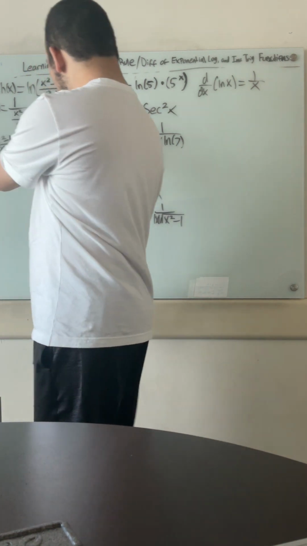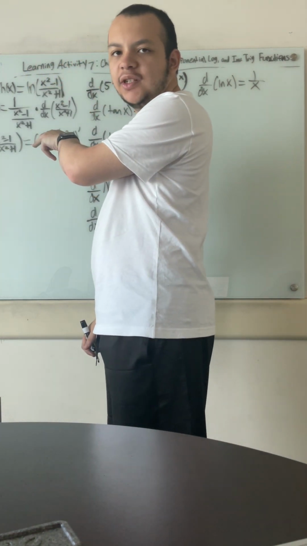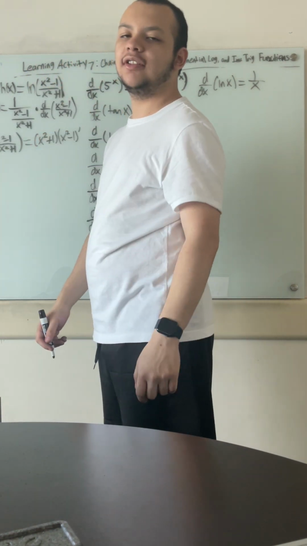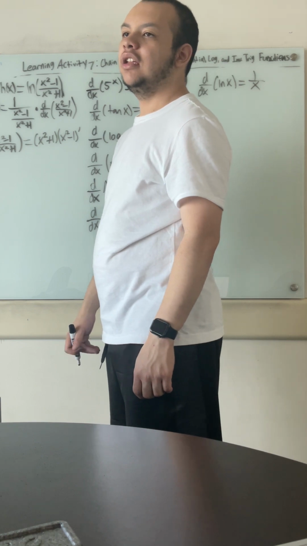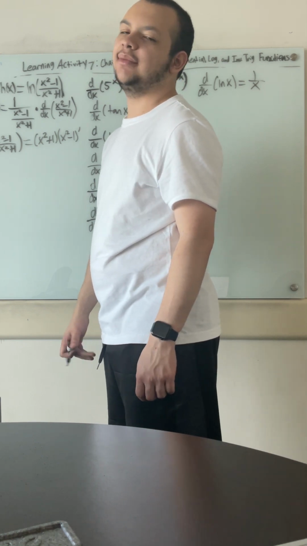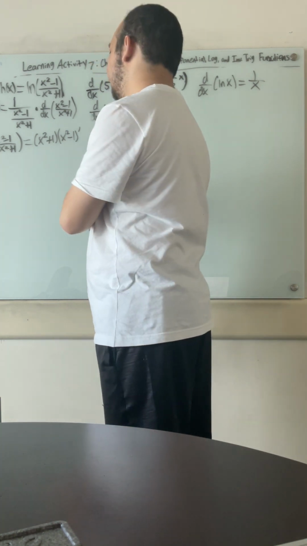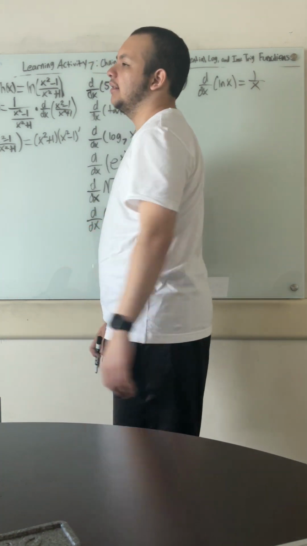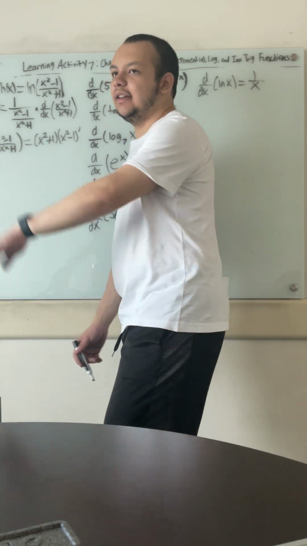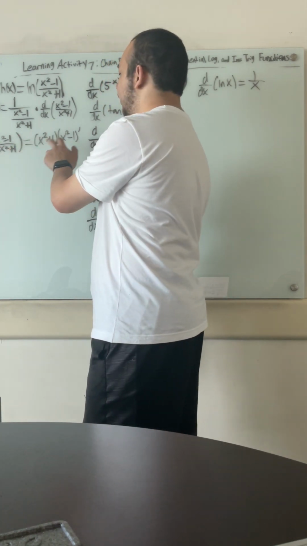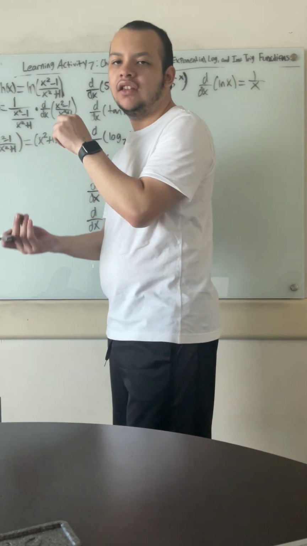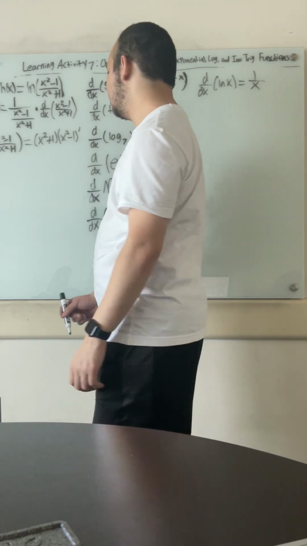Notice that I did it in reverse. This is basically the commutative property of multiplication, where a times b is equal to b times a. While the general formula calls for f prime of x times g of x minus f of x times g prime of x, I basically did g of x times f prime of x, so I just used the commutative property of multiplication.